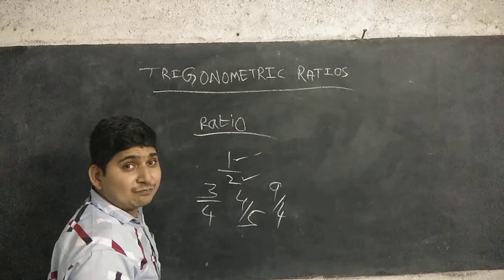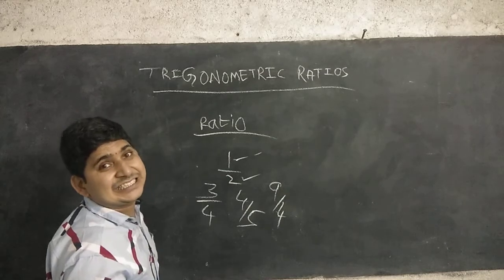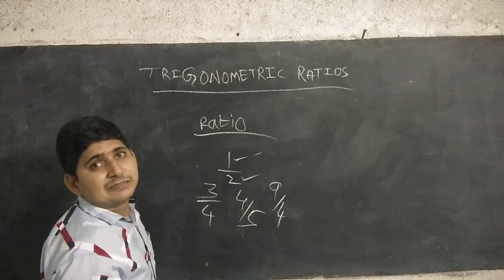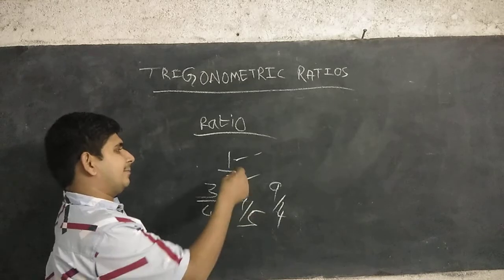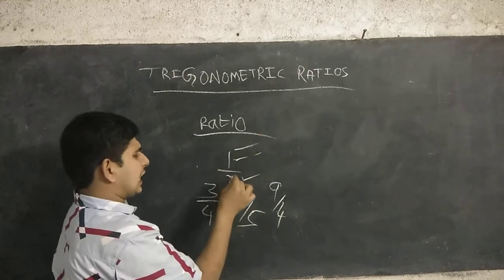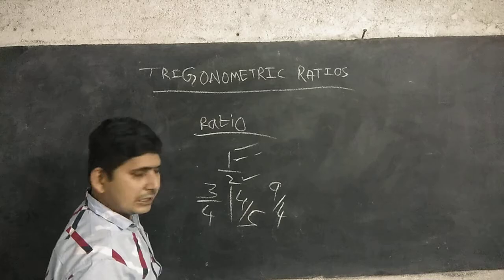The process of comparing two different quantities is known as ratio. The first one is known as the numerator and the second one is known as the denominator.